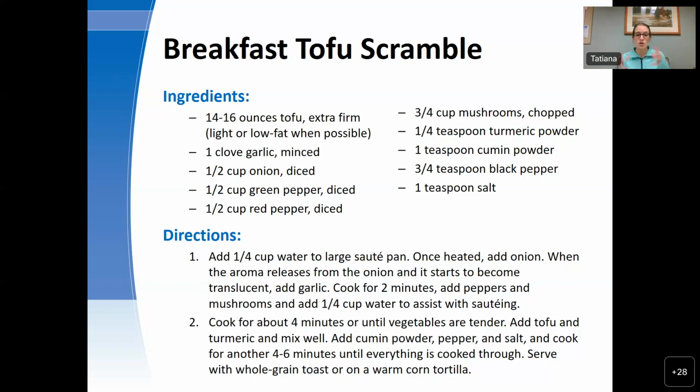That's when we eventually are going to add in our tofu, and you just break it up in there, and it kind of starts to look like scrambled eggs because it gets little fluffy bits of tofu, and you mix it in, and especially when you add turmeric, which we know is yellow, now everything kind of turns yellow and it looks like scrambled eggs. So this is a great alternative if you are an egg fan in the morning.